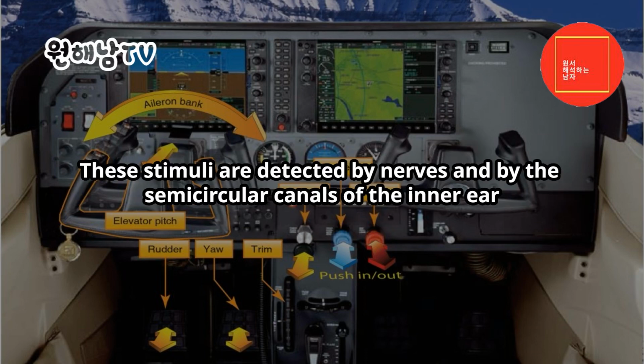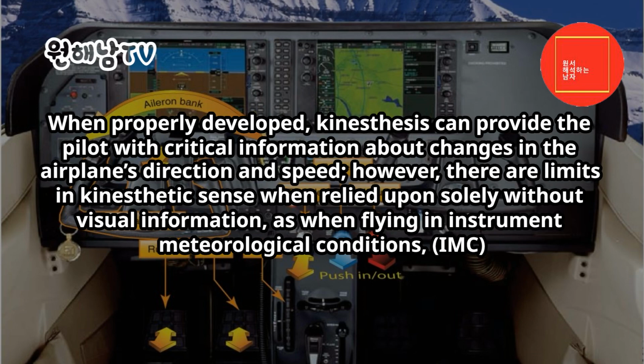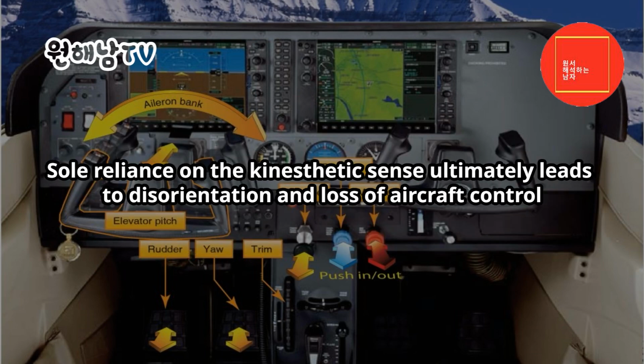These stimuli are detected by nerves and by the semicircular canals of the inner ear. When properly developed, kinesthesis can provide the pilot with critical information about changes in the airplane's direction and speed. However, there are limits in kinesthetic sense when relied upon solely without visual information, as when flying in instrument meteorological conditions (IMC).